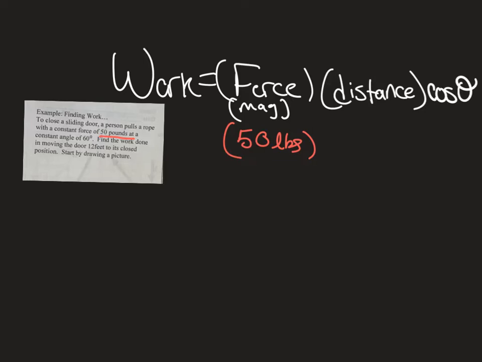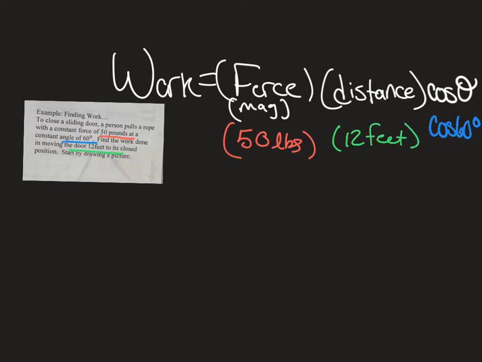And then it says that my angle is 60, so this over here is going to be cosine of 60 degrees. And then they do this so the door moves 12 feet to close. So my distance here is going to be 12 feet.